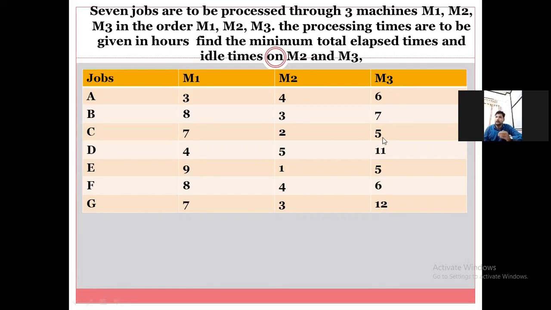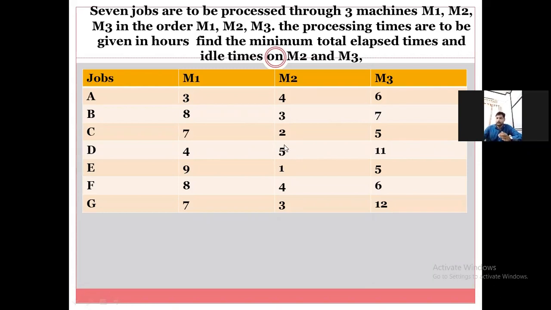So 5 hours is the smallest processing time on the M3 machine. Then we require the largest processing time on the M2 machine: 4, 3, 2, 5, 1, 4, 3. So 5 is the largest processing time on the M2 machine.